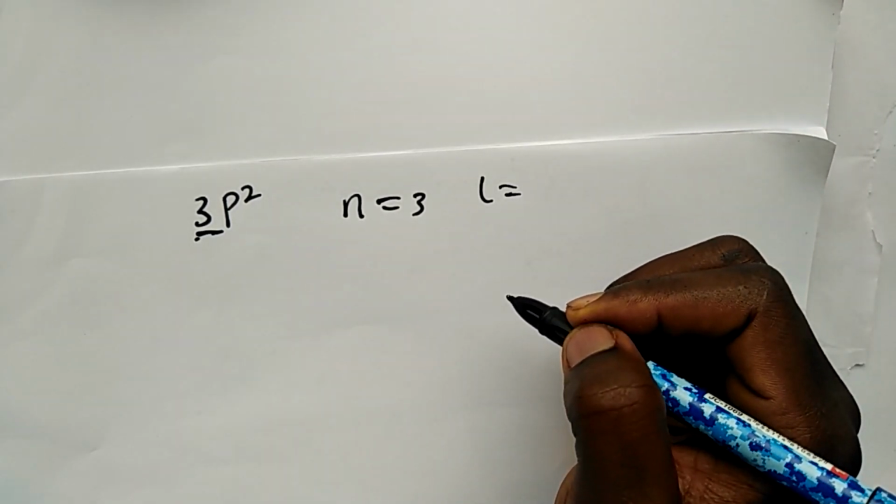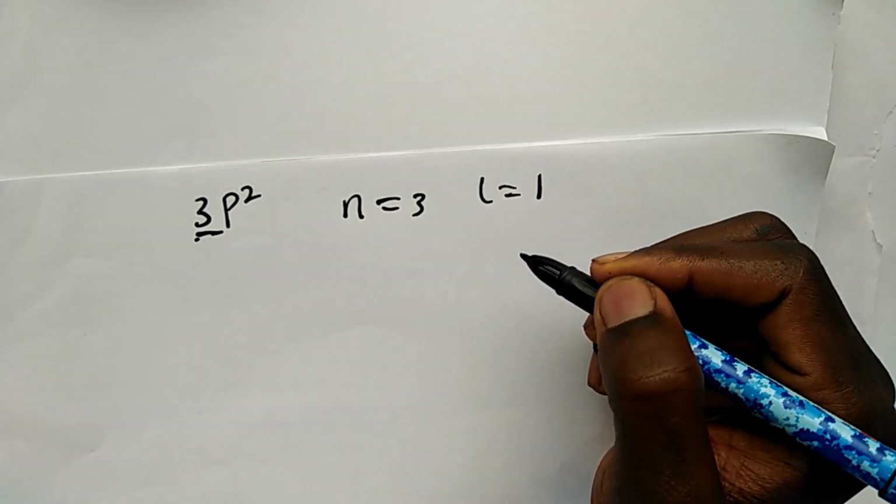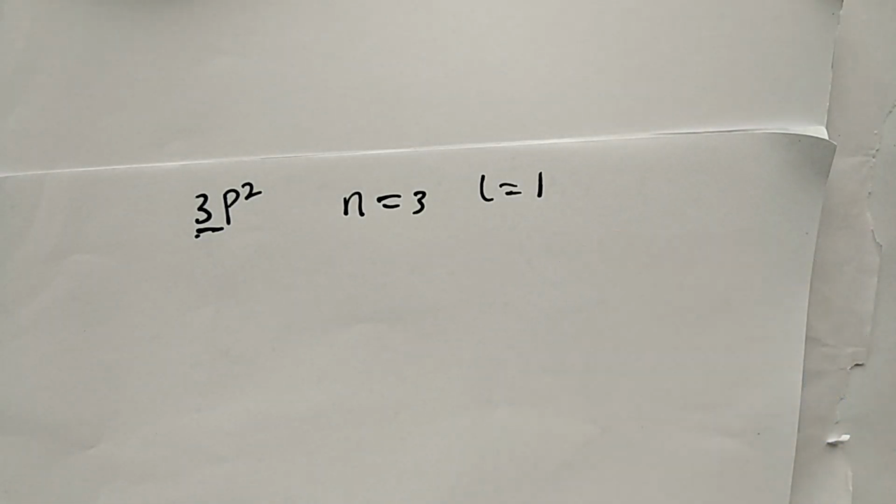L is equals to 1. If you are confused, we discussed earlier that S is equals to 0, P is equals to 1, D is equals to 2, F is equals to 3, and so on. So in this case, we have 3p2, and because it's P, L, which is our azimuthal or angular quantum number, is equals to 1.